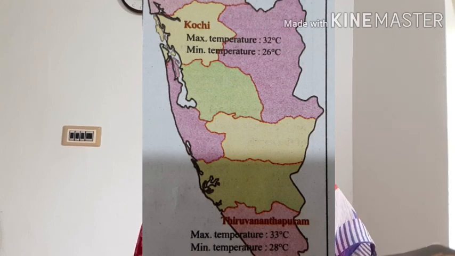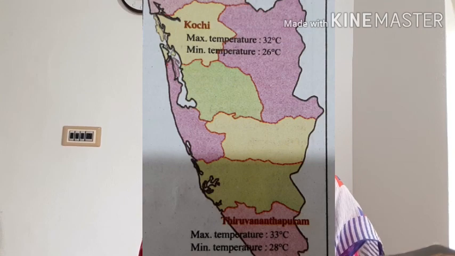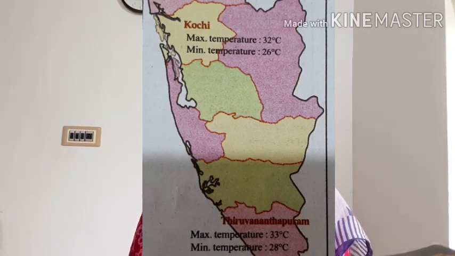Kochi. Look at the temperature in Kochi. Maximum temperature in Kochi is 32 degrees Celsius and minimum temperature is 26 degrees Celsius. How to calculate diurnal range of temperature?